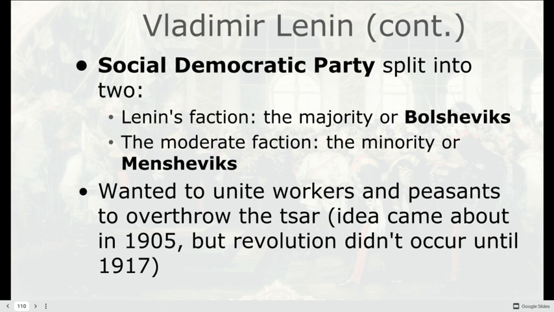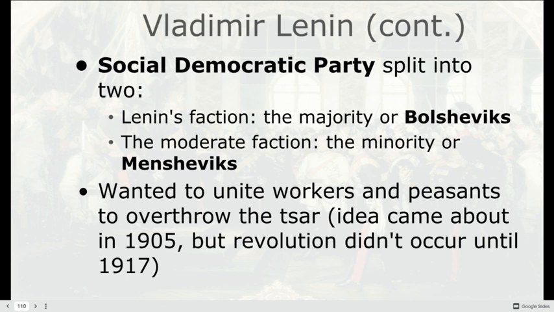But Vladimir Lenin was part of Russia's Social Democratic Party. And there was a long debate inside that party of whether or not they should use violence. So eventually, the Social Democratic Party split into two.